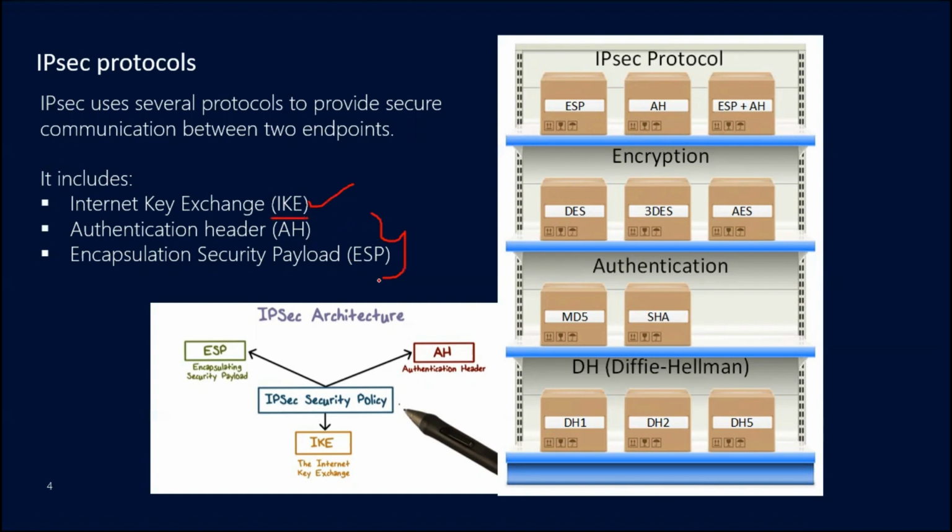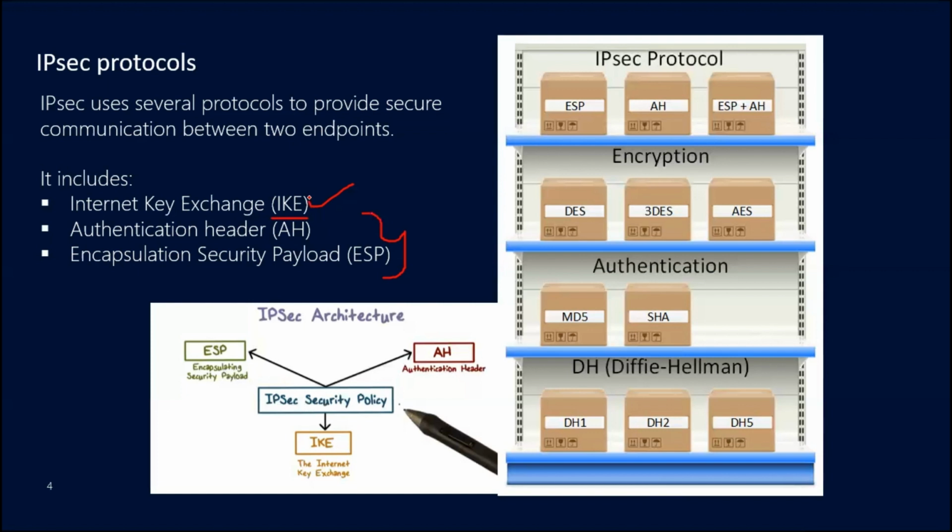These two protocols help us when we have to encrypt the data. The data which goes through the tunnel, when we have to encrypt that data, these two protocols will help us to do that. And IKE is basically the protocol which helps us to form that tunnel.